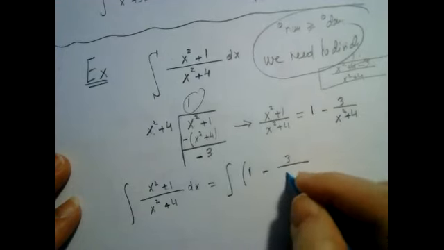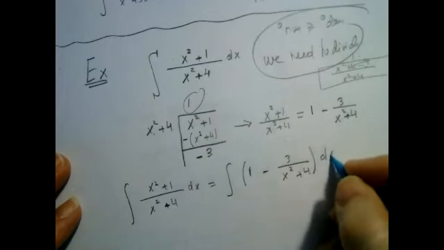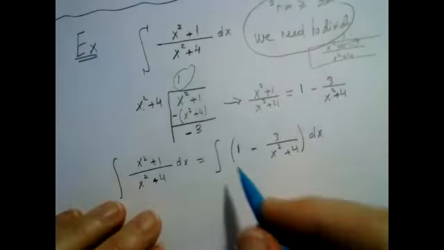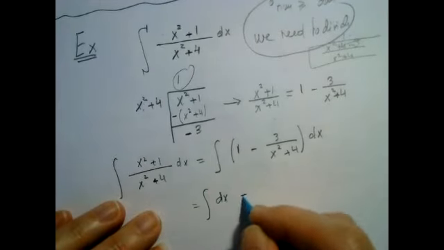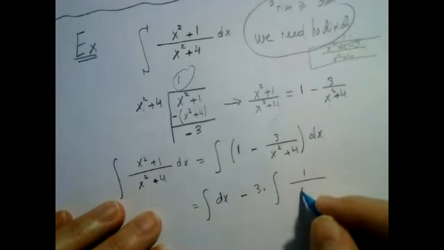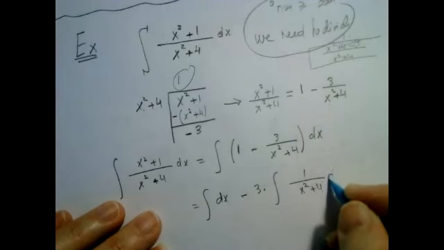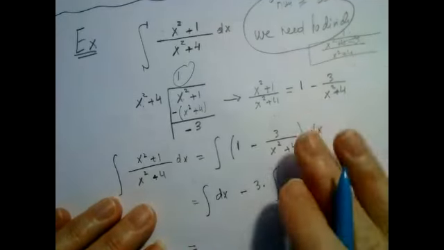Minus that. Okay. Now, every piece here is simple. The first one is dx. The second is 3 times the integral of 1 over x squared plus 4 dx. So finally, this will give me the following.